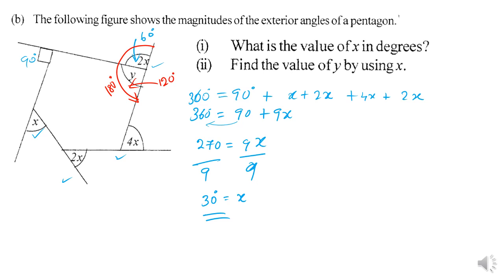So y plus 2x is equal to 180, and y plus 60 is equal to 180. So y is equal to 120 degrees. This is very easy, and always geometry questions are easy, but we have to remember some patterns.